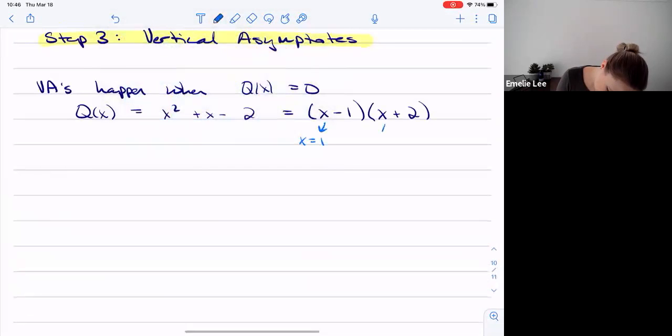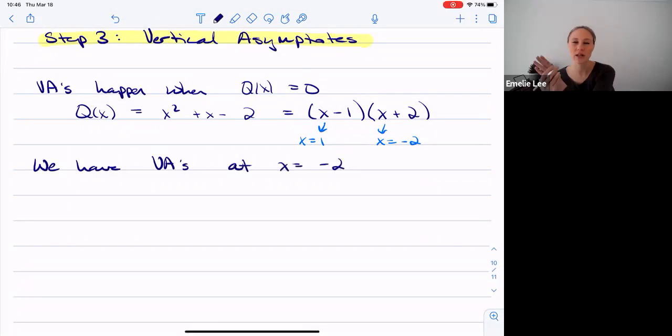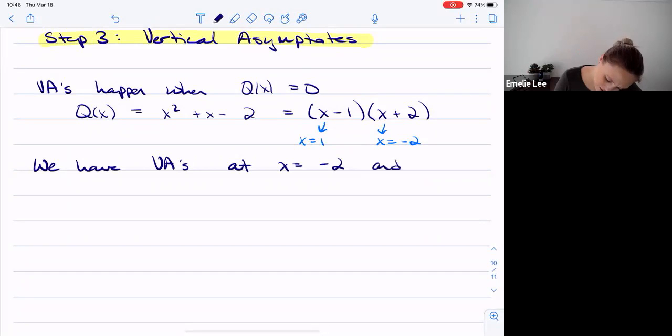So x equals 1 and x equals -2. We have vertical asymptotes at x equals -2, and again, I'm just going to try to list them from smallest to largest, and x equals 1. Okay.